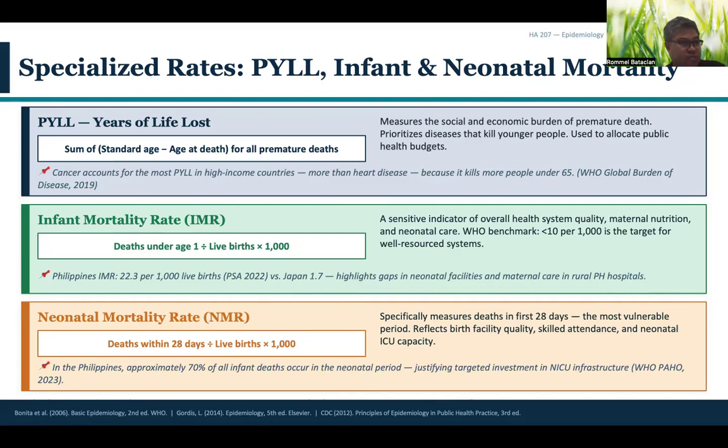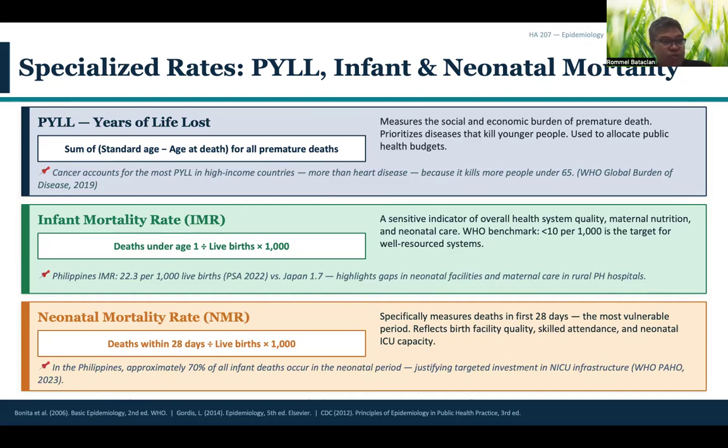Compared to Japan, the IMR is just 1.7. So there is a very significant gap that tells you that in our country there are still significant deficiencies in neonatal facilities and maternal care, particularly in the rural and underserved areas.